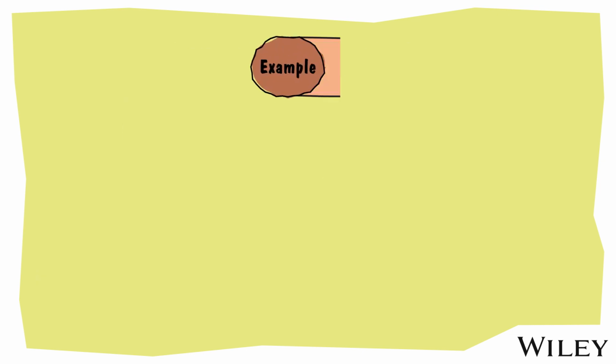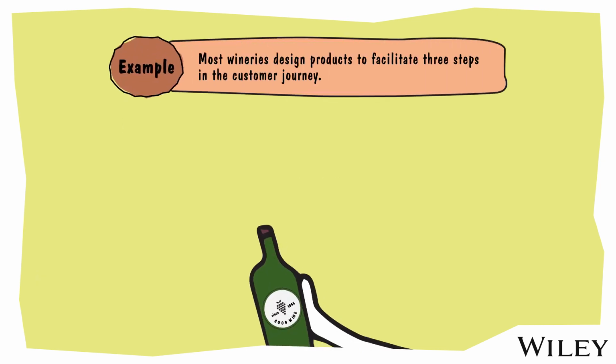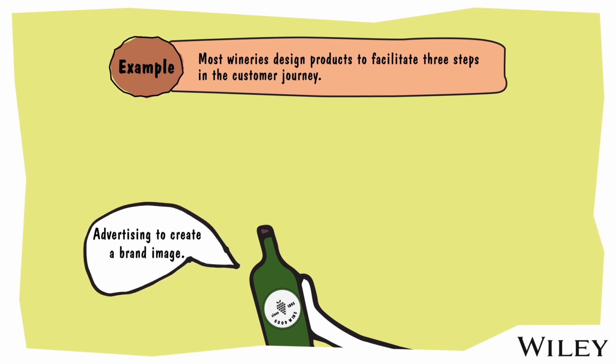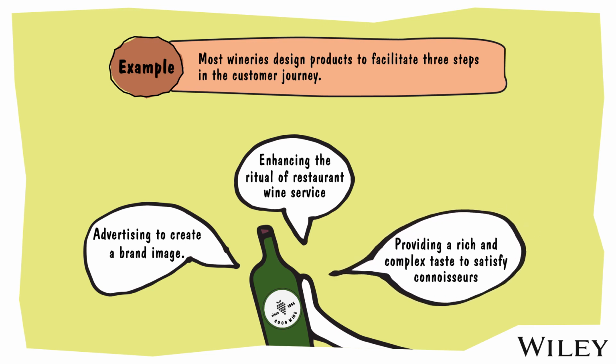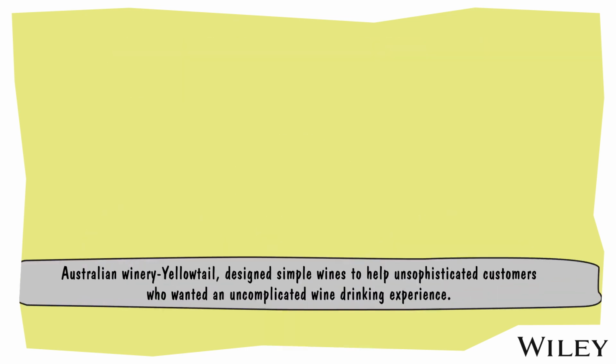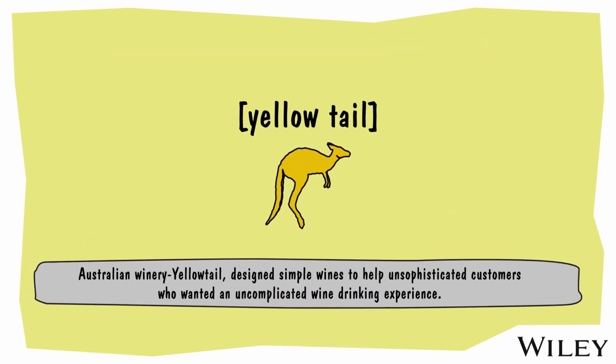For example, when most wineries were designing their products to enable 3 steps in the customer journey, advertising to create a brand image, enhancing the ritual of restaurant wine service, and providing a rich and complex taste to satisfy connoisseurs, an Australian wine company, Yellowtail, took a different approach.